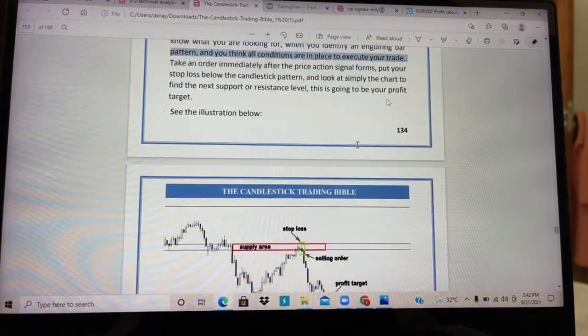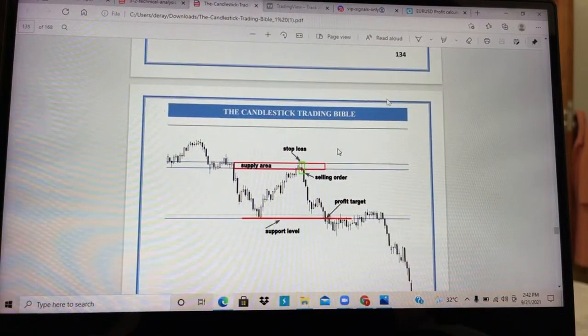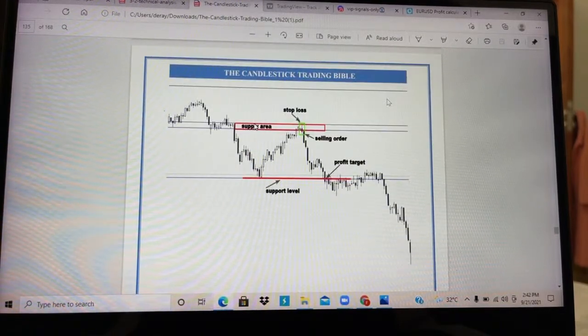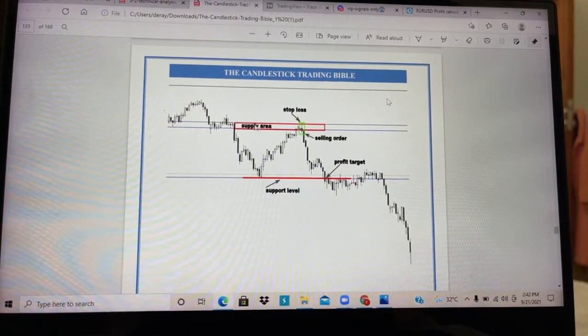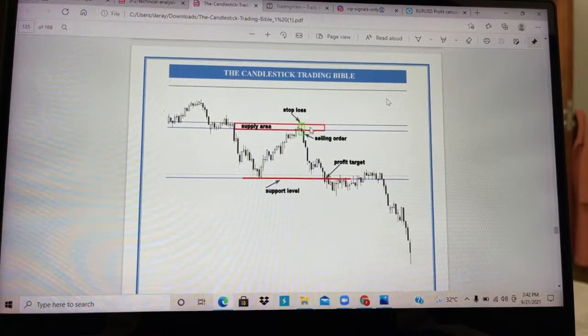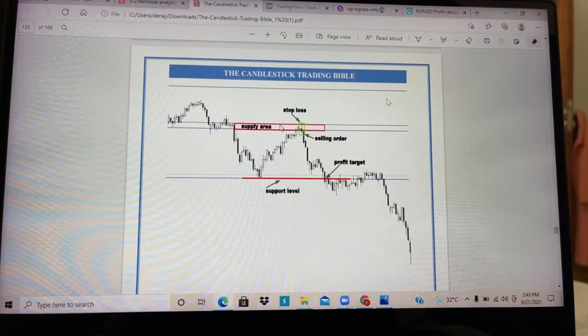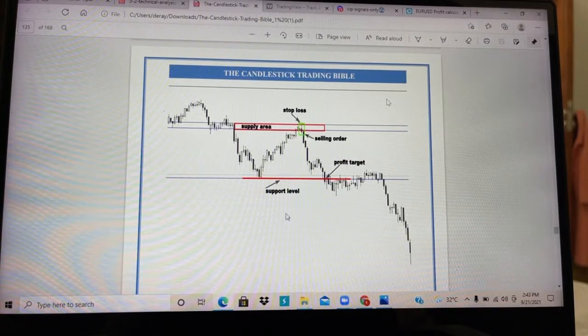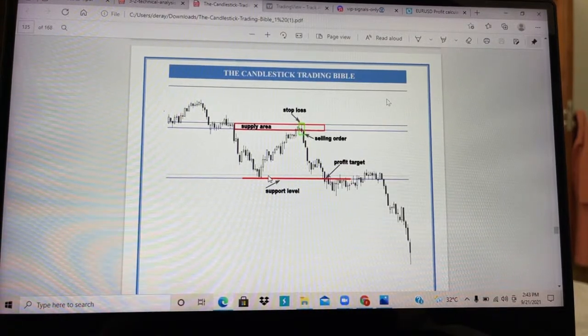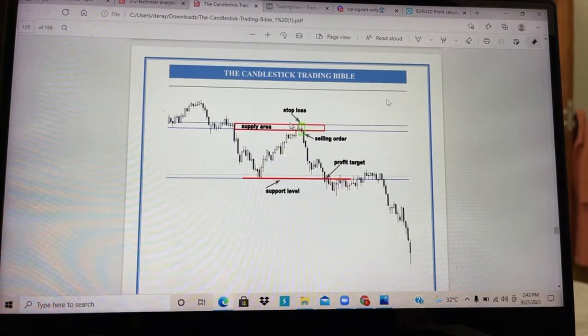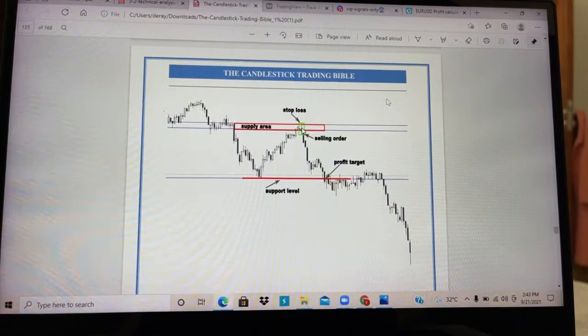All right. So this is just another illustration to help us out. On our chart, they have a name for the resistance. They call it the supply area. So usually we have the support as the demand. Let's consider, maybe, water.